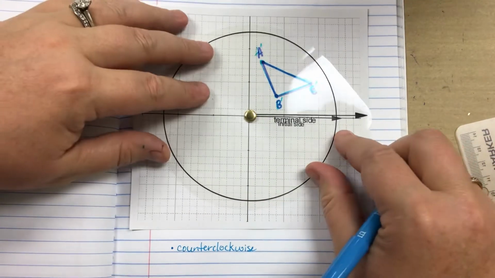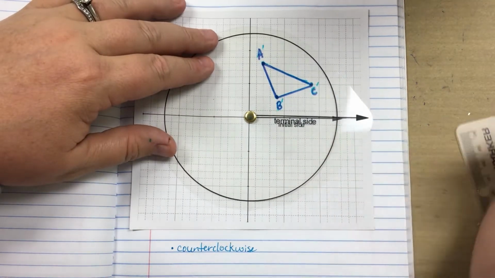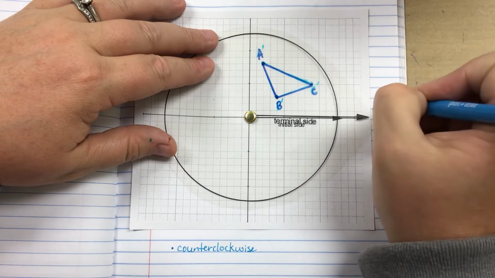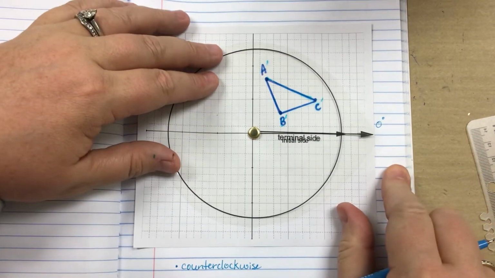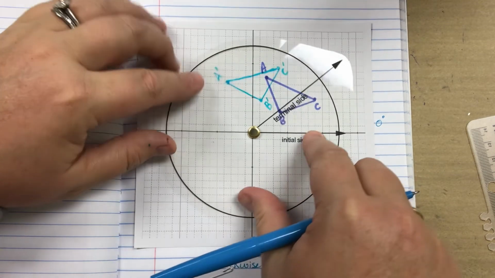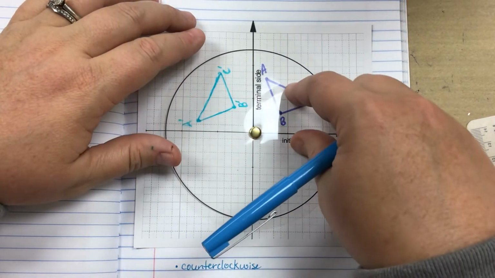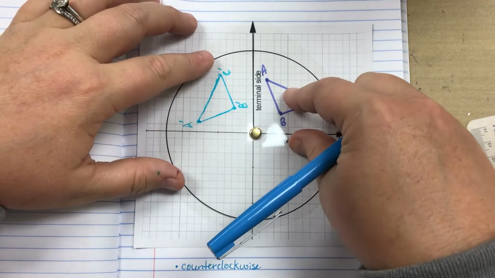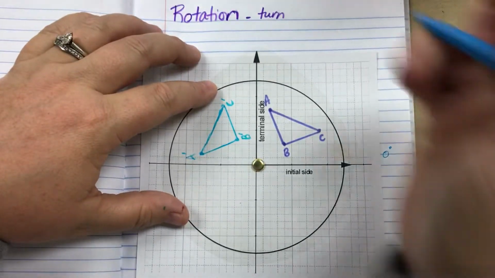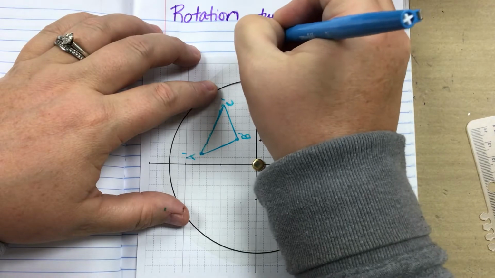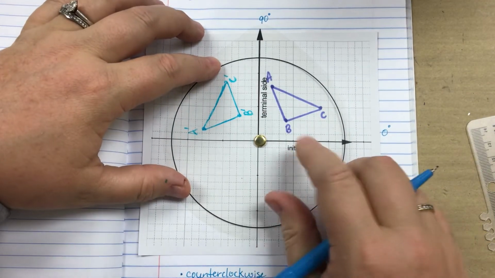So if I label my picture, if I didn't move it at all, in my starting position, this is 0 degrees. Okay. If I rotate my terminal side up to the top, again, notice I'm going in a counterclockwise motion. So if I move it up to the top here, this would be 90 degrees counterclockwise.